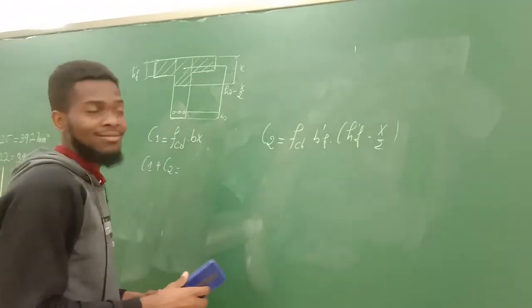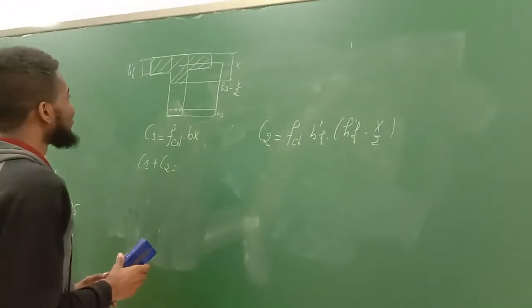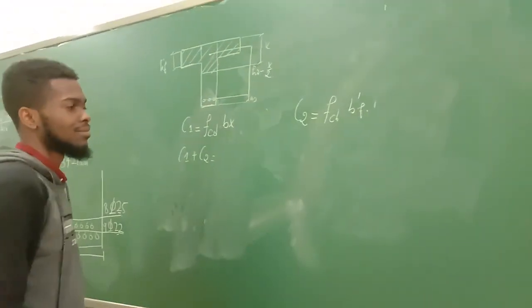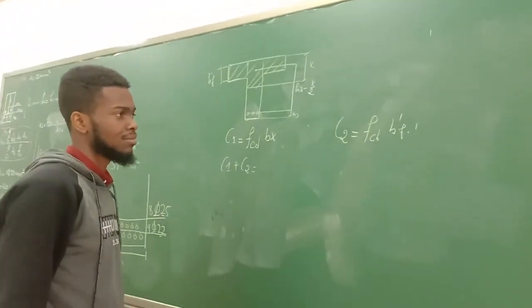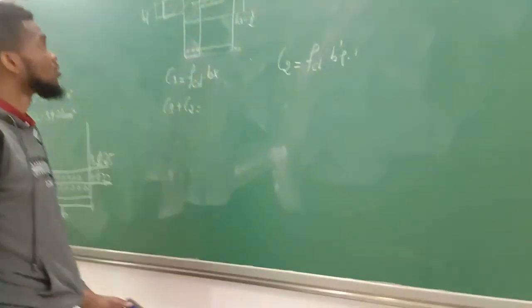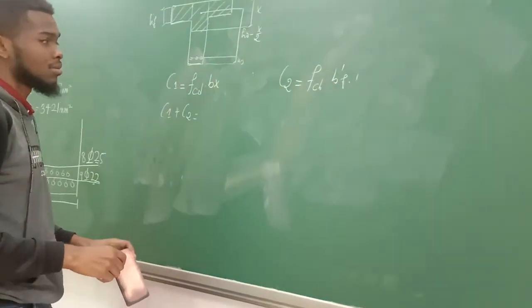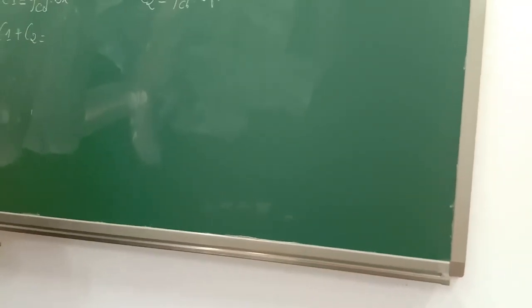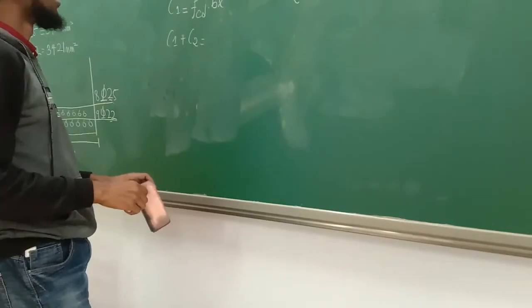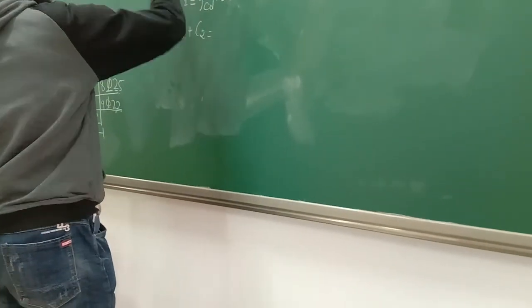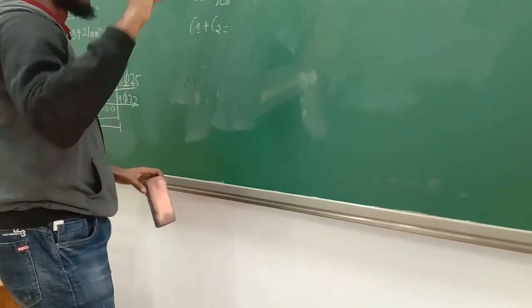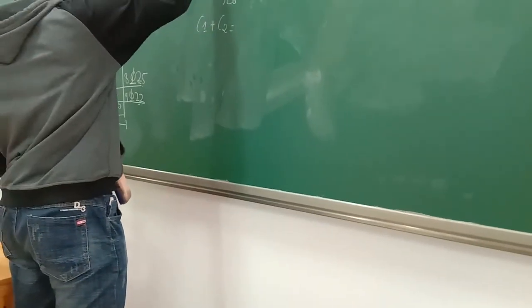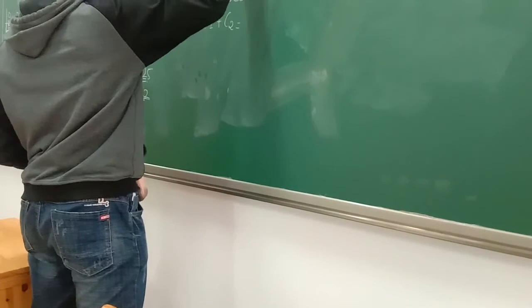For this part 2, how do you calculate the area of part 2? The two sides, the flange, the BF prime minus B. The area of part 2 is these two parts, up and down, right?